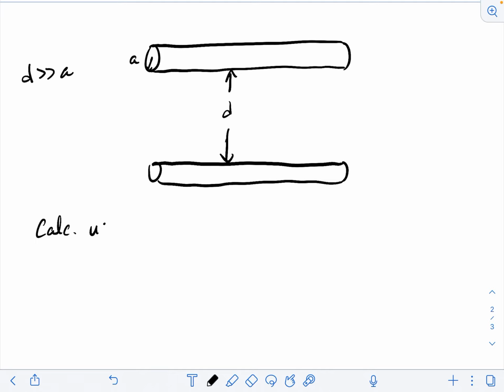We can use Gauss's law to calculate the electric field.